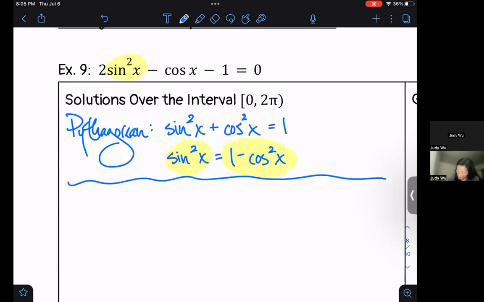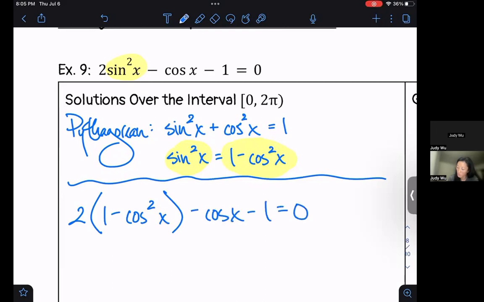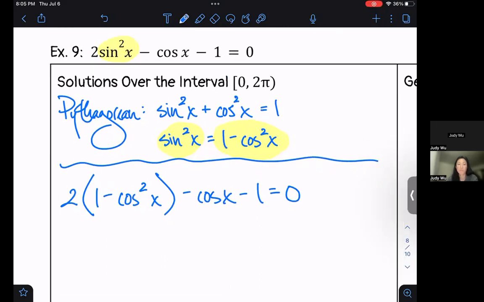Okay, so 2 times 1 minus cosine squared x, minus cosine x, minus 1 equals 0. Now it would be really important for us to make sure we're writing down what we're using. So between that step and that step, I'm going to say the Pythagorean.